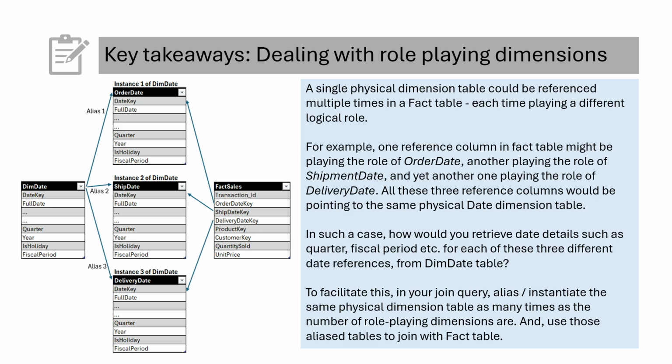When the same physical dimension is playing multiple roles, all we have to do is alias that physical dimension as many times as the number of roles that the dimension is playing. Once aliased, joining them is no different from joining multiple tables.